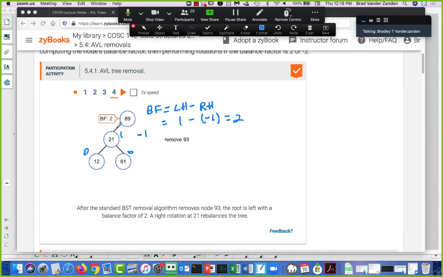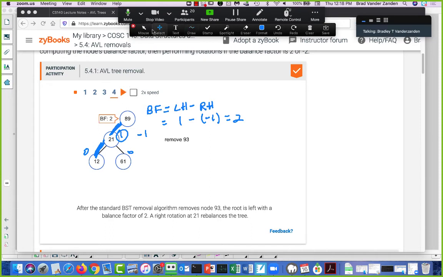The imbalance is in the left tree. Now the balance factor here is 1, and that means that we can choose the zig-zig case, which is the easier case. It's only if it was minus 1 that we would have chosen the zigzag.